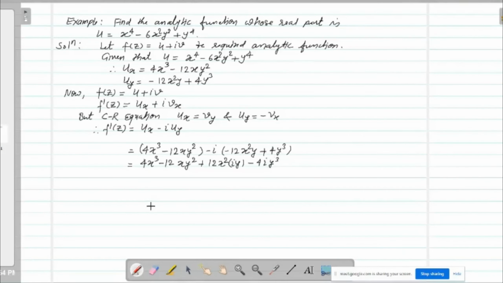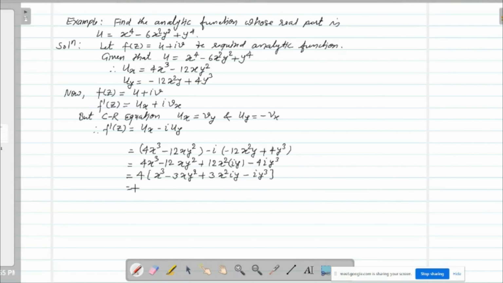Now I am taking 4 as common from each term. So just write down x cube minus 3 x y square plus 3 x square i y minus i y cube.